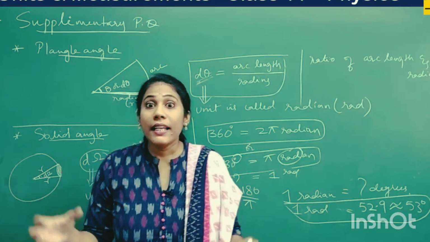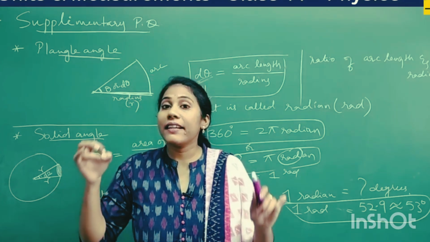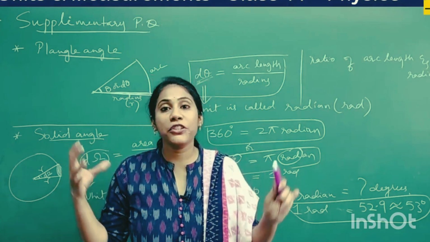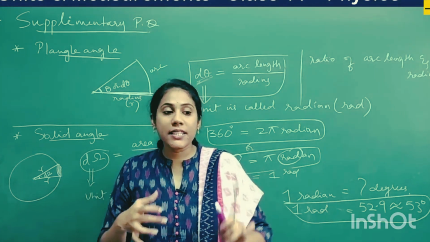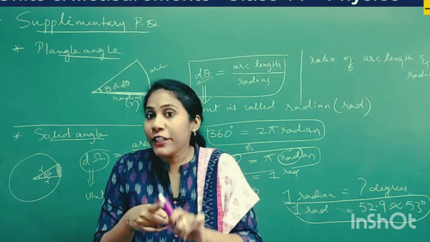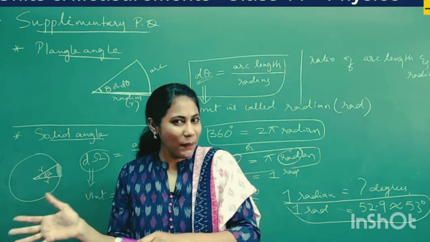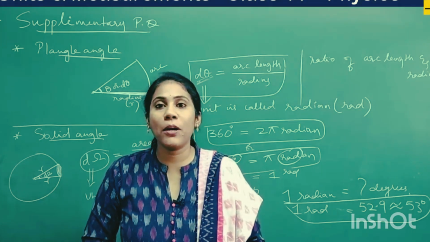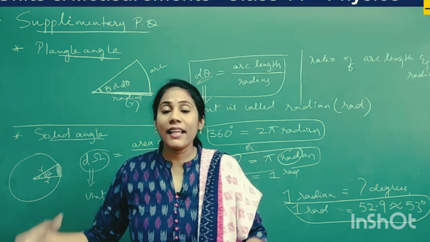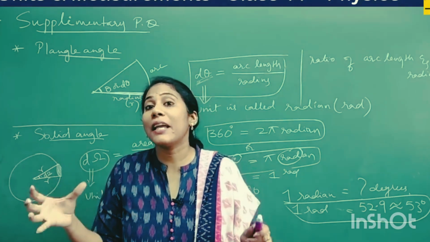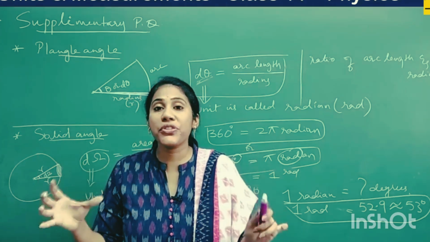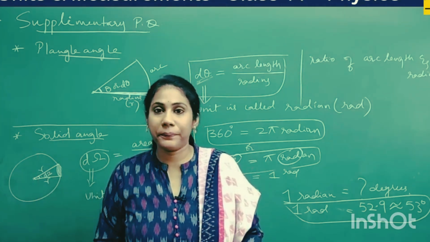So now let us go for discussing dimension and dimensional formula. Let's try to understand the difference between unit and dimension. In today's class I'll give a basic idea about dimensional formula. In my next class I will discuss dimensional analysis, which is the most important topic of this chapter. Clear?